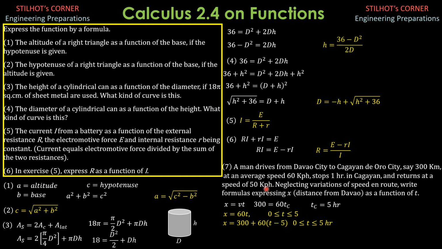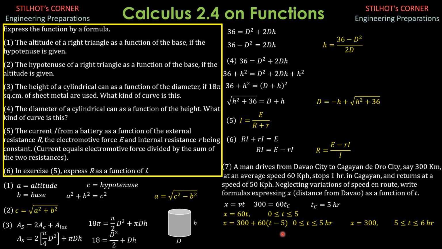So that means that to reach Davao from Cagayan, the travel time is 6 hours. So between 5 and 6, the distance from Davao is 300 kilometers. So that means that x is exactly 300 between 5 and 6 hours.